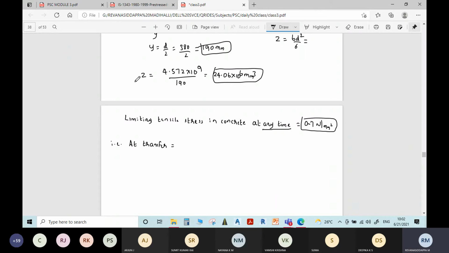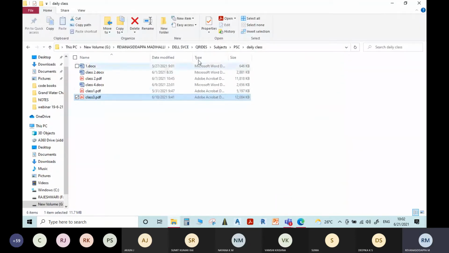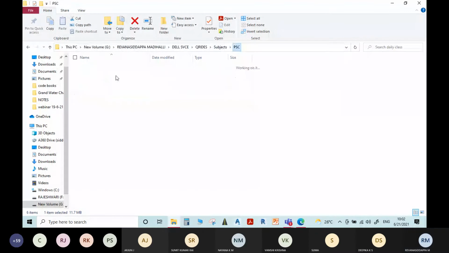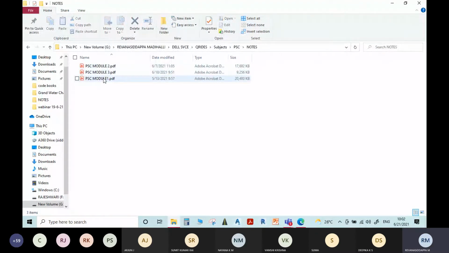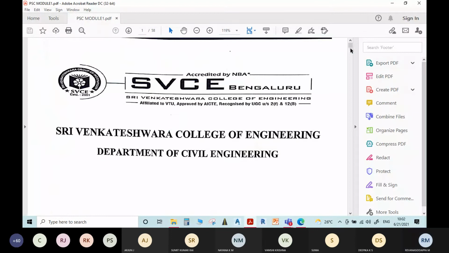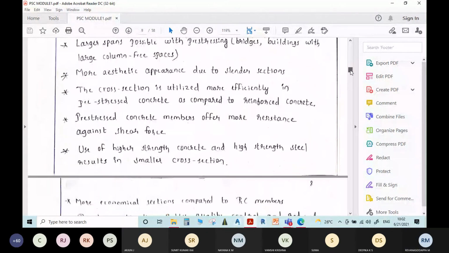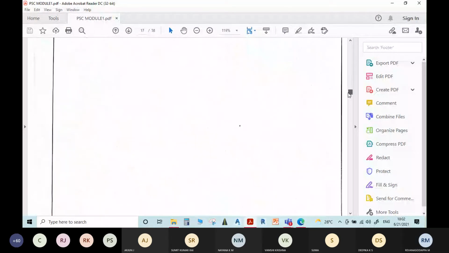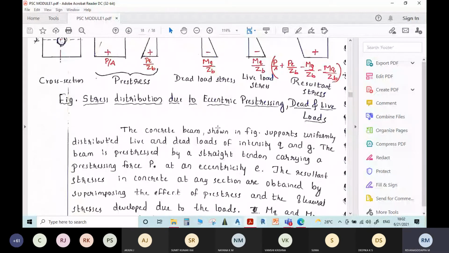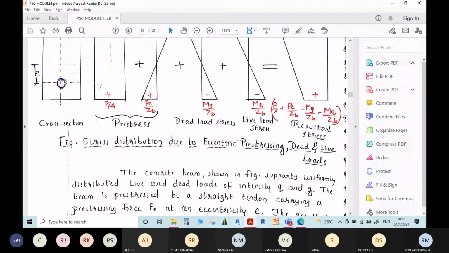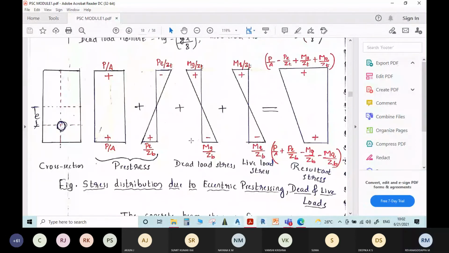I'll go to the model 1 again. I think you all remember. Here, at transfer condition, we will assume tensile stress in the concrete is equal to 0.